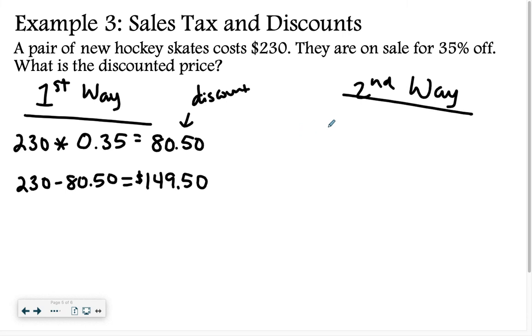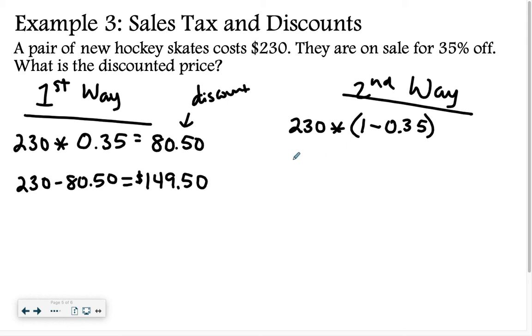Now the faster way is you do 230 times, and then instead of doing 1.35, you're going to say 1 minus whatever the discount is as a decimal. So this is 230 times, and then 1 minus 0.35 is 0.65.